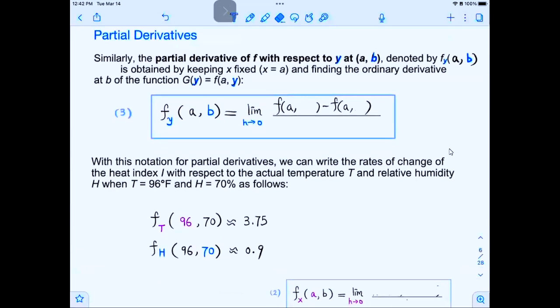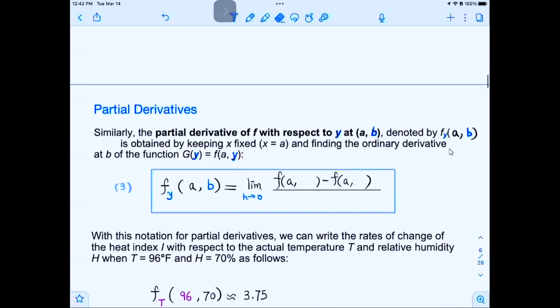Similarly, for the partial derivative of the function with respect to y at a comma b, what do you think you should put over here? This time we're going to fix this a, right? The a here is fixed.